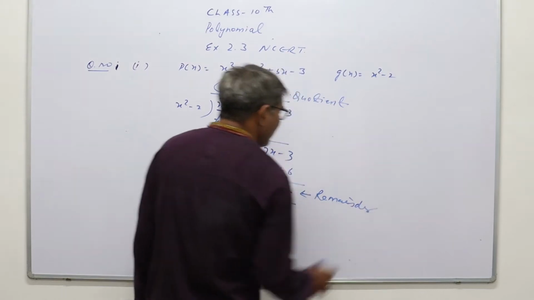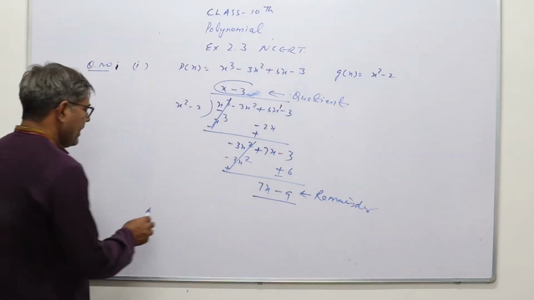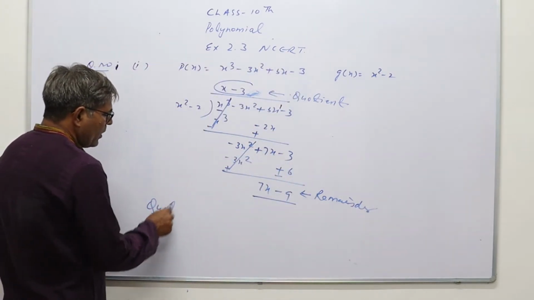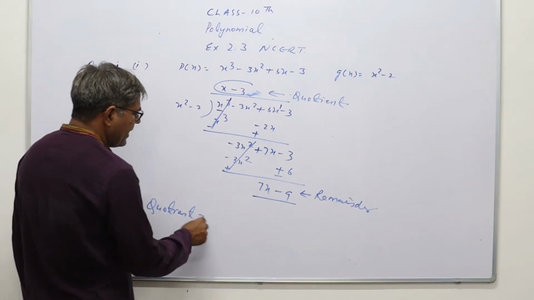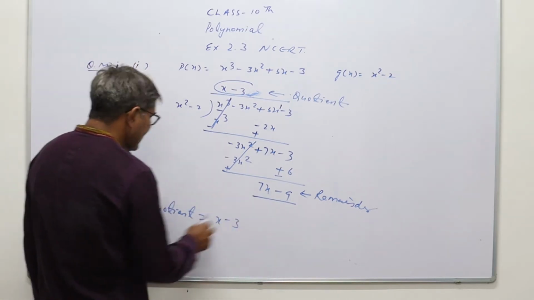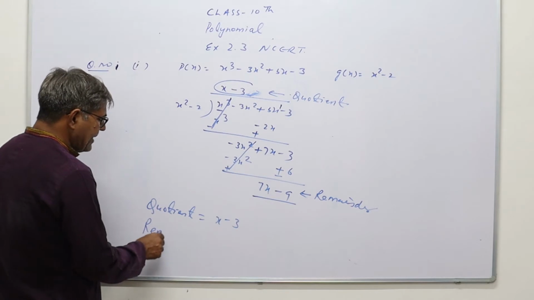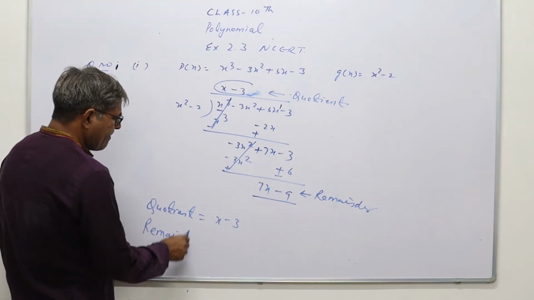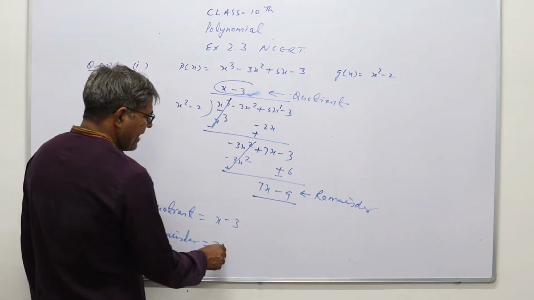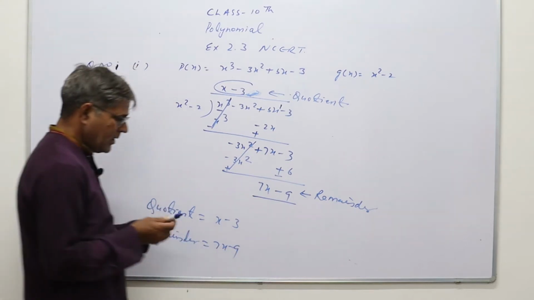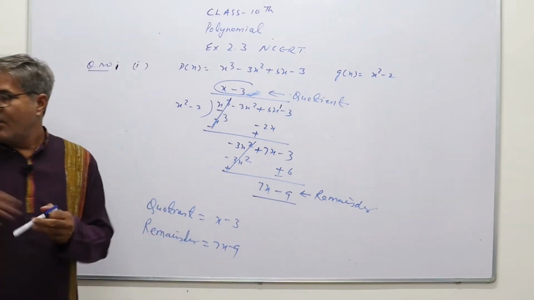So in this way we will divide. Quotient is equal to x minus 3 and remainder is 7x minus 9. So this is question number first.